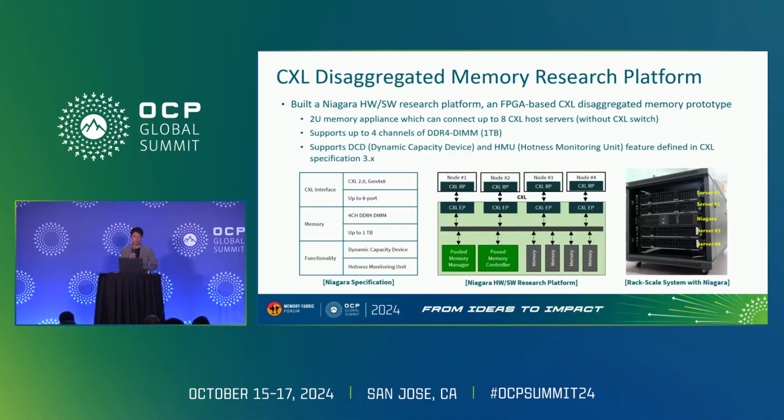Okay, so we have built the Niagara hardware-software research platform for CXL disaggregated memory system exploration. Niagara is an FPGA-based CXL disaggregated memory prototype, and it is a 2U memory appliance. It can connect up to 8 CXL host servers, and it supports up to 4-channel DDR4, and its maximum capacity is 1 terabyte.